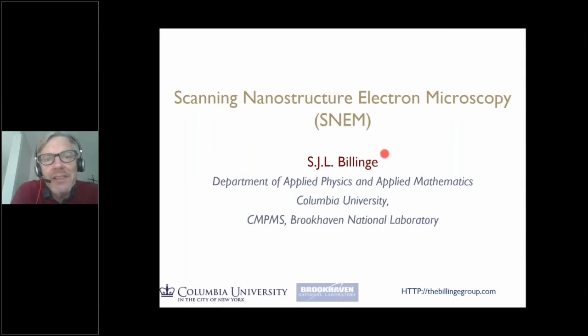And the basic goal is to develop the capability to do scanning nanostructure electron microscopy. So we want to do scanning electron microscopy, but where the contrast feature that we're interested in is actually nanostructure. So I'll tell you about this, and I'll spend some time introducing the pair distribution function method, which is the signal that we're going to image.